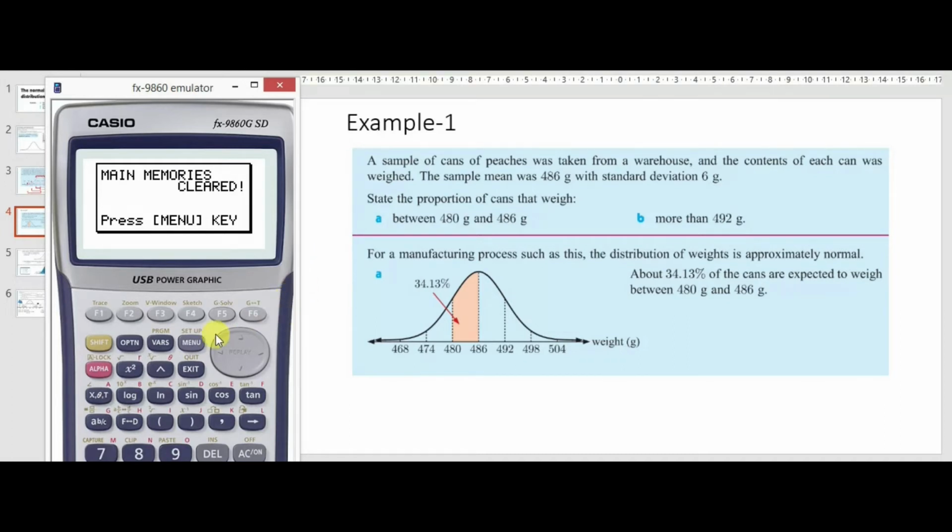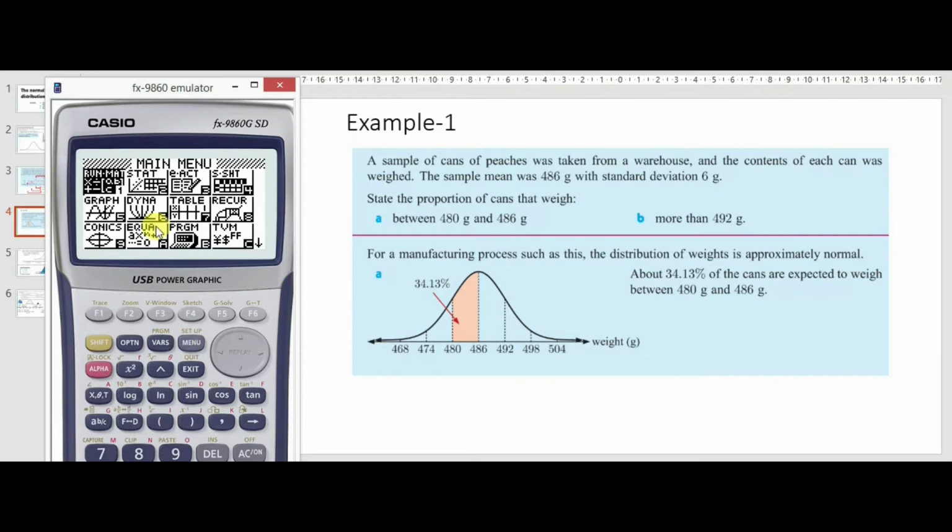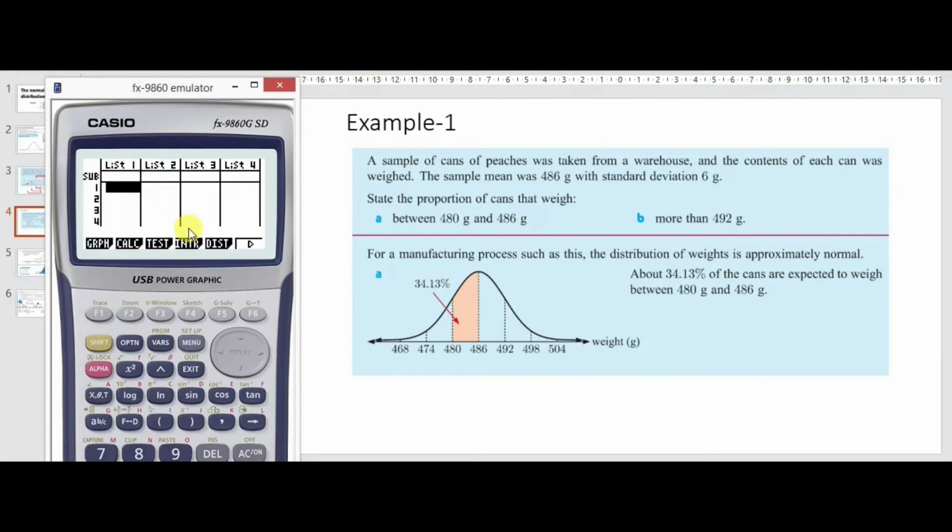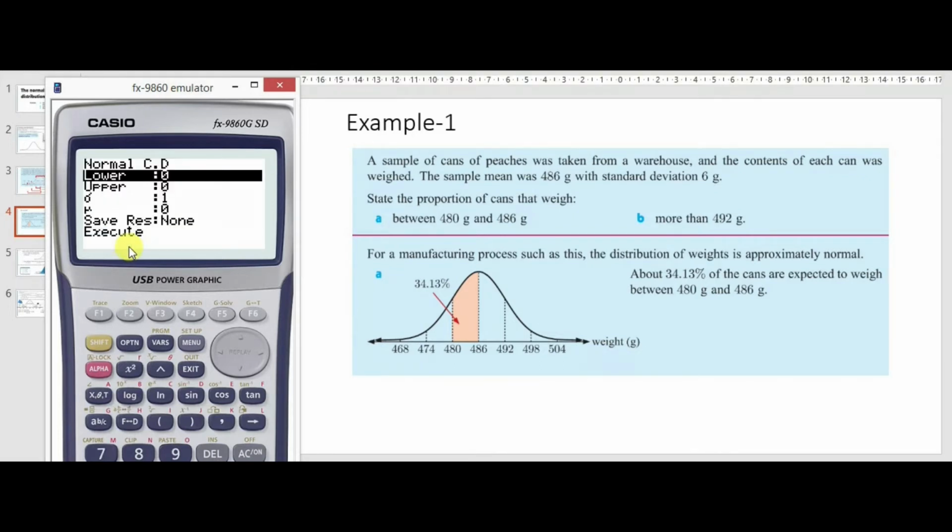So my first thing is to go to the menu, go to stats, go to distribution, normal. NCD is normal cumulative distribution. Here I have to type the lower limit, which in my case is 480.